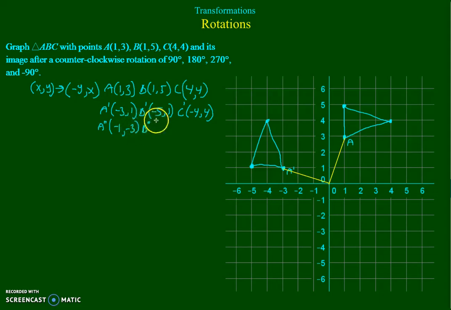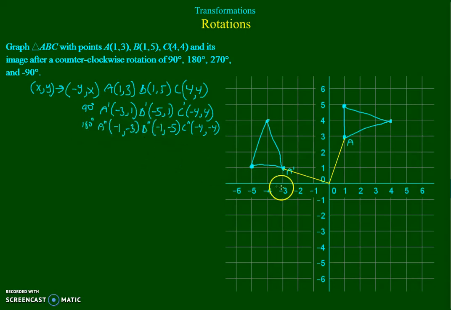And B double prime, negative y, x. And C double prime, negative y, x. So this was 90 degrees. This is now 180 degrees.